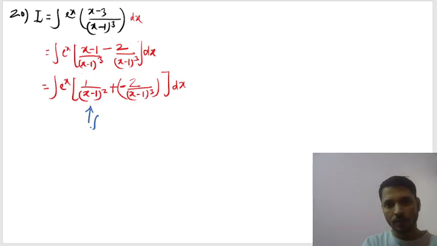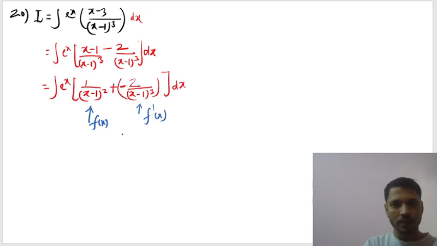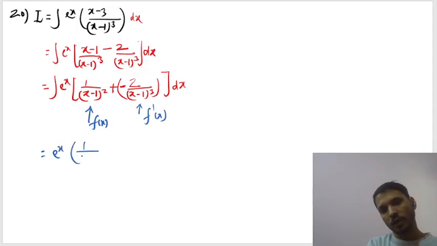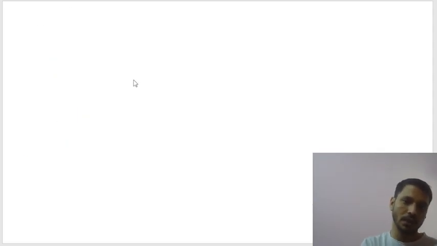This is f of x, and their differentiation is this f dash of x. Means answer will be what? Answer will be e to the power x into f x, and f x is here 1 by x minus 1 whole square plus c. So this is the answer of the question number 20.